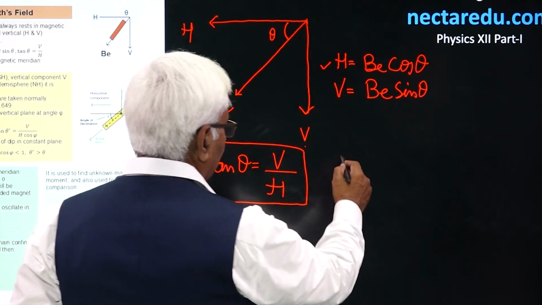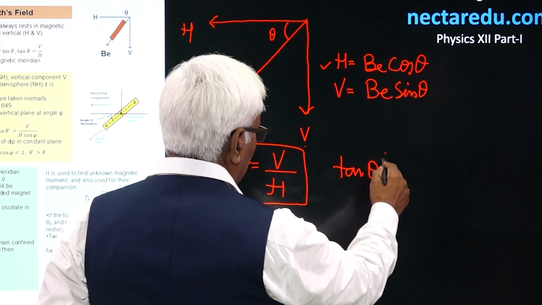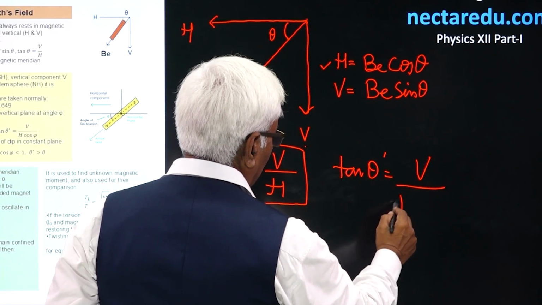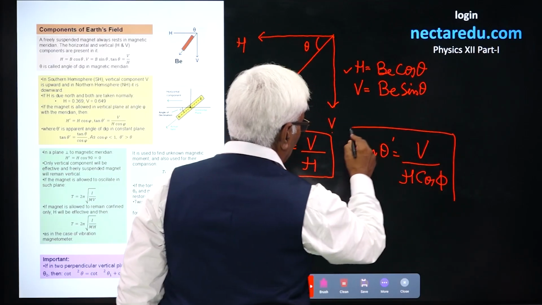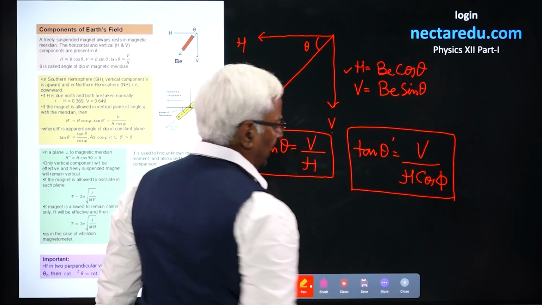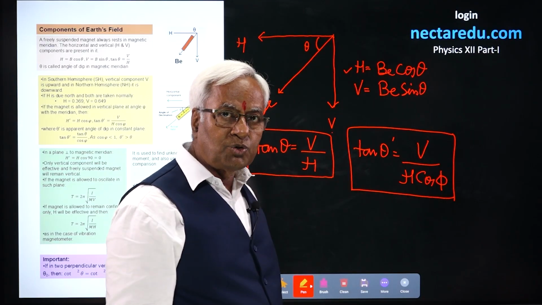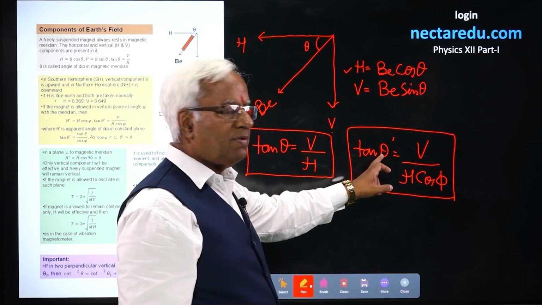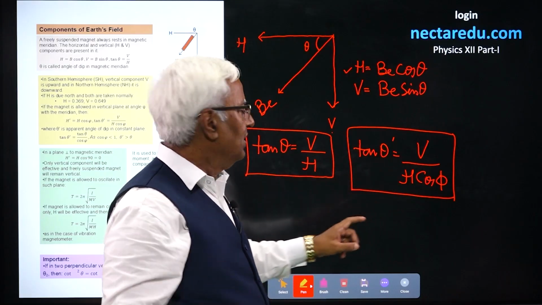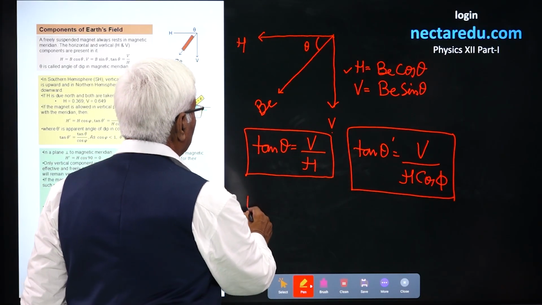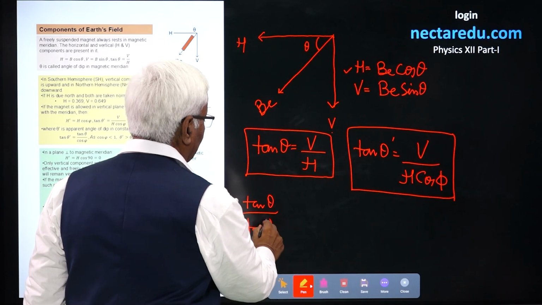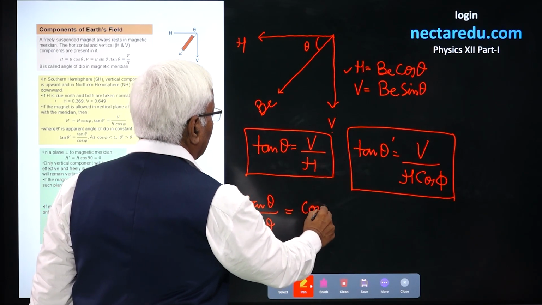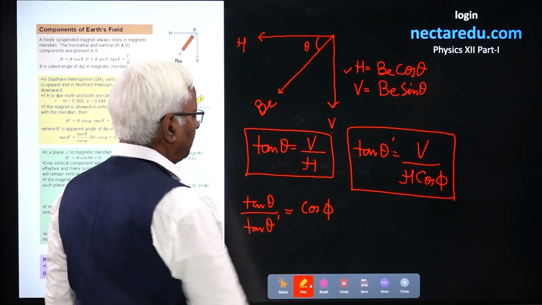Then in that case, the angle of dip will be given by this relation with H cos phi. But in that vertical plane, you are not going to have the actual angle of dip. This will be the virtual angle of dip. You take the ratio of the two: tan theta upon tan theta dash equals cos phi.